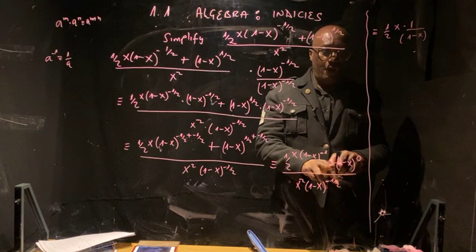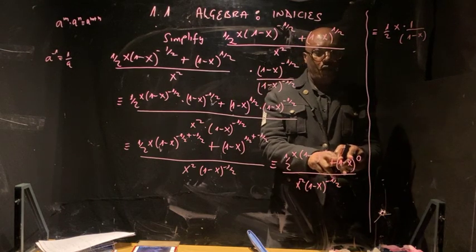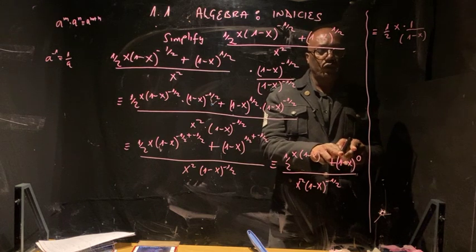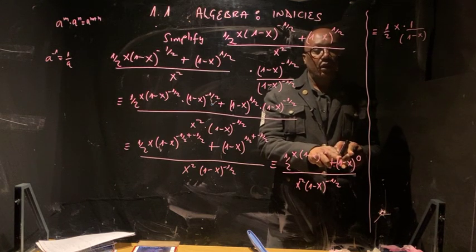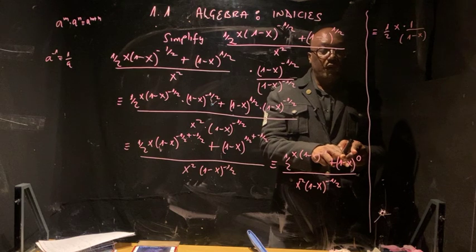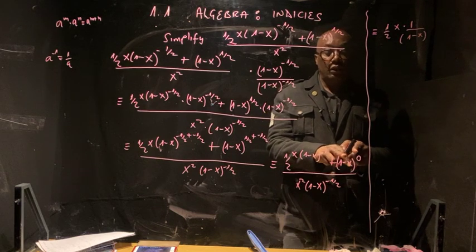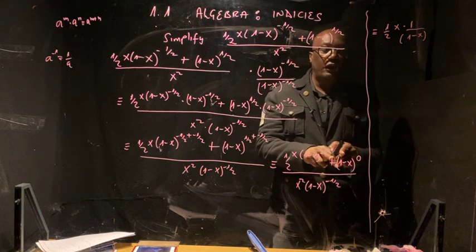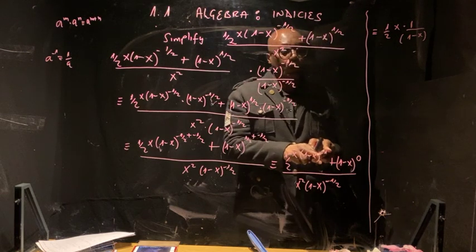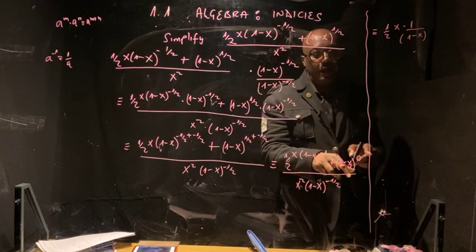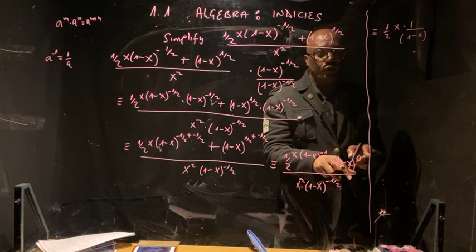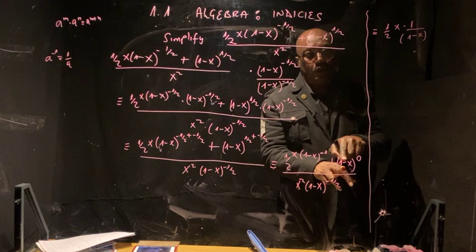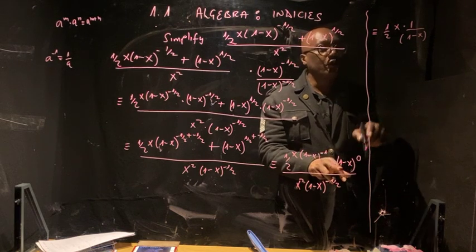Then, if you look here, 1 minus x raised to the power 0, any number raised to the power 0 is equal to 1. For instance, 5,000 raised to the power 0 is equal to 1.